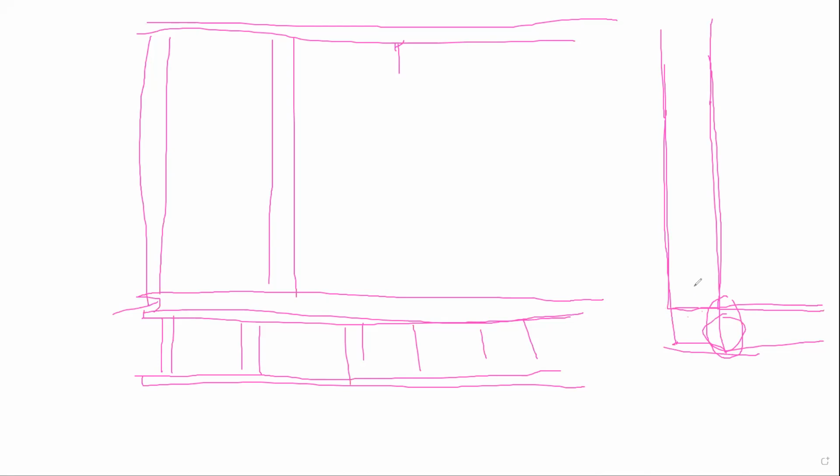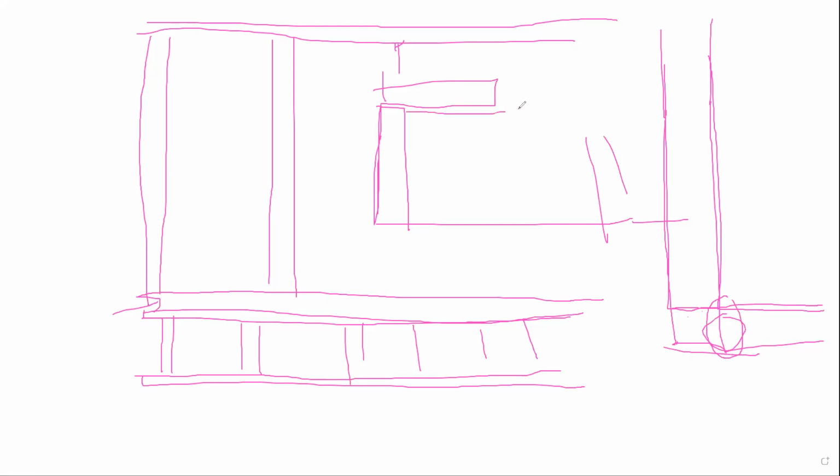As a matter of fact, when they do these corners, for example, if this is a corner here, this is a stud here, and you know that the next wall is going to be coming right next to it, like this. What the carpenter is going to do is nail another stud on this stud here, and he's going to make an L. Therefore, when they put up the drywall, it has two edges to lean on.